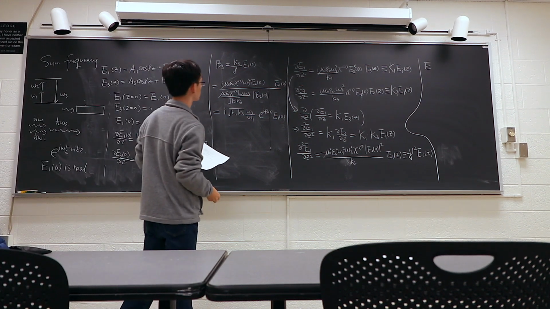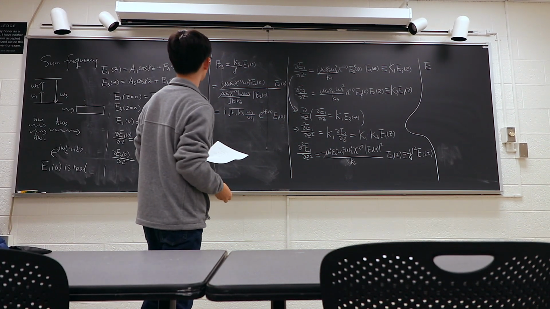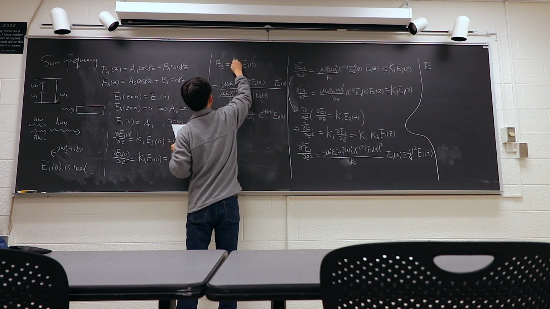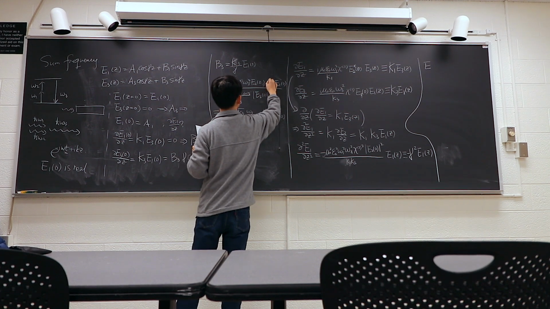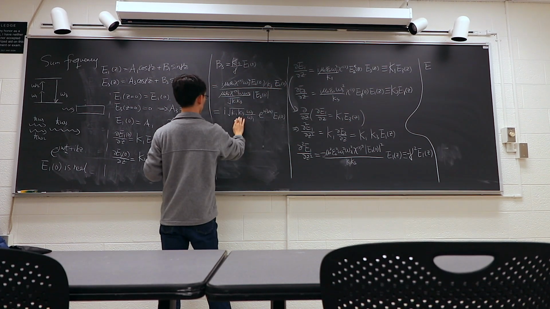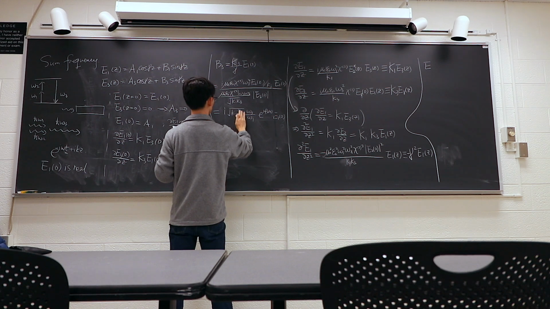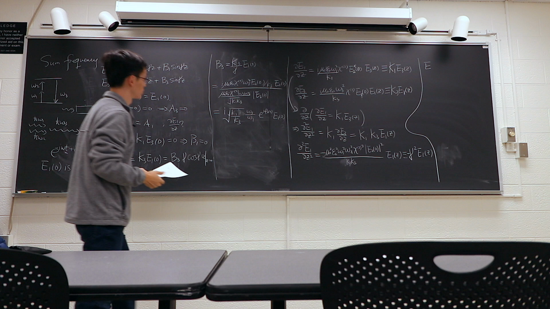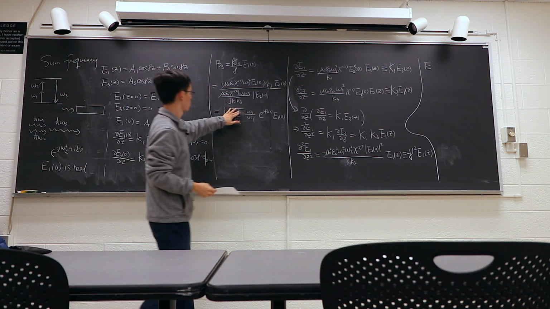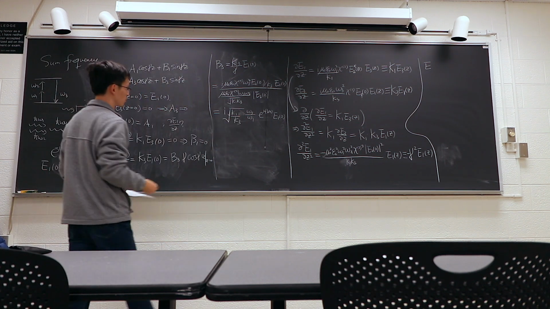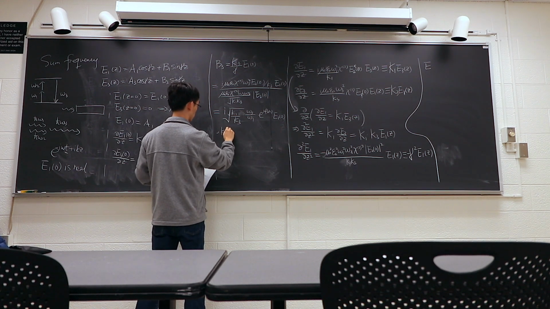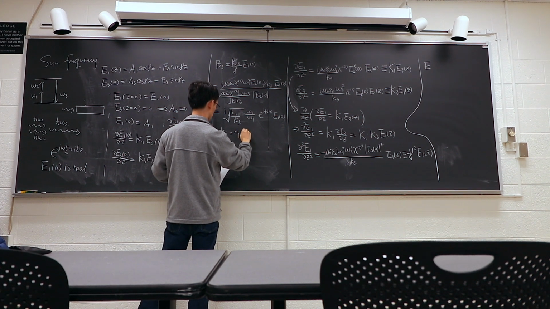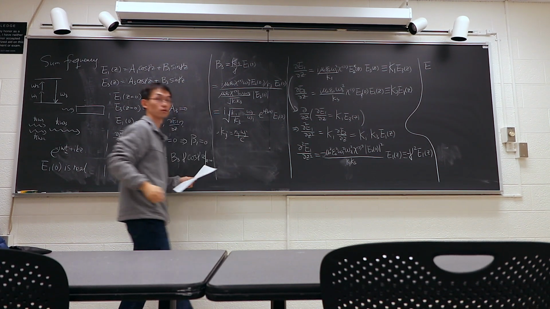I think there's a K3, right? You're missing the K3. So K3 comes up. And we know K_j is omega_j over c, right?